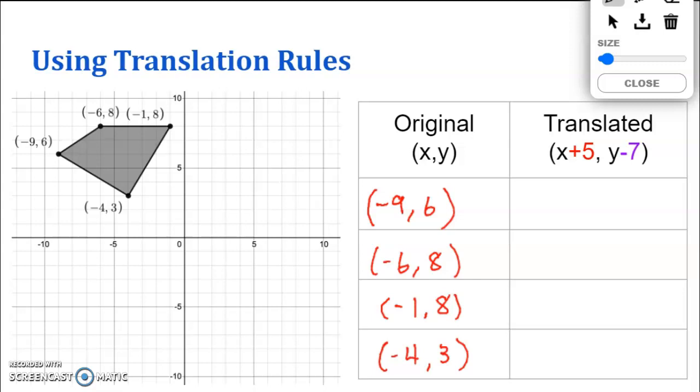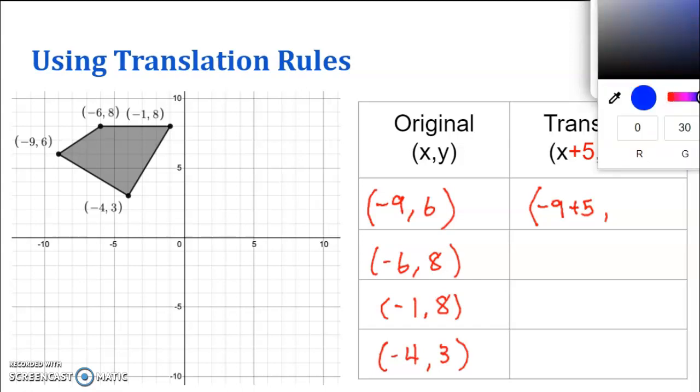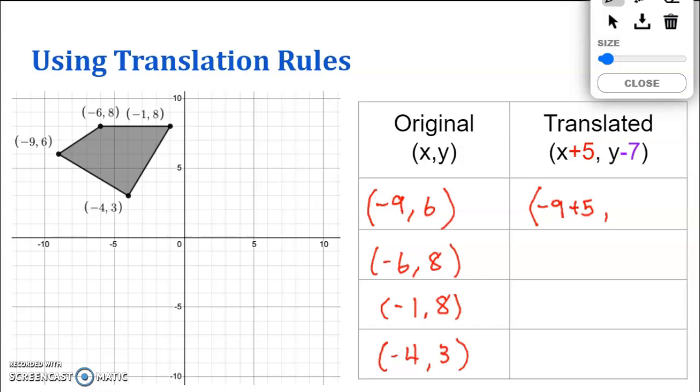Okay, after translation, it says x plus 5. Whatever the original x was, we added 5 to it. So what was the original? It was negative 9. Then to that, we added 5. That's what x plus 5 is implying. And what about y? Y is whatever the y value was, which was 6. And then we're going to subtract 7.